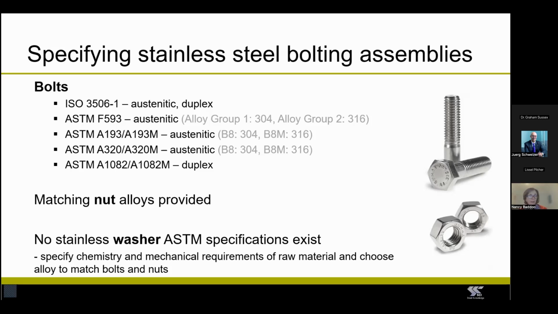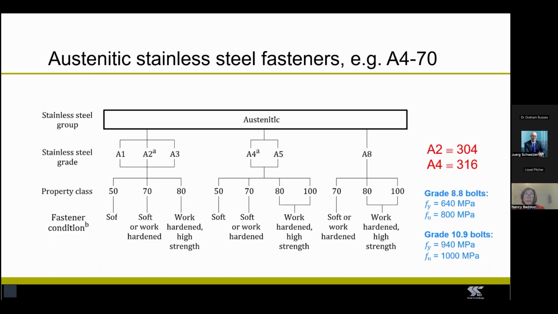There are matching standards for nuts, no ASTM standards for washers, but there's a way around it. You specify the chemistry and mechanical requirements of the raw material and choose the alloy to match the bolts and nuts. If you're in the world of ISOs, then you may have come across bolts designated A470, for instance.